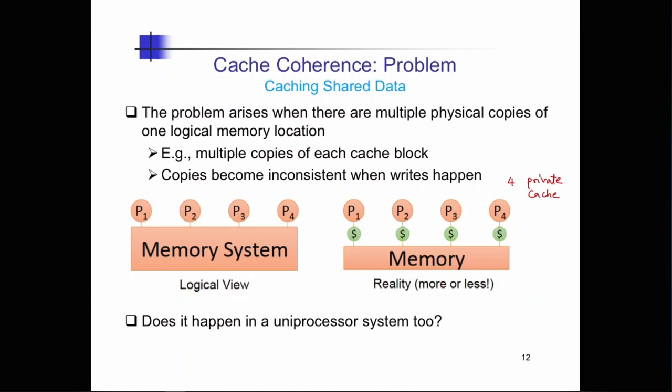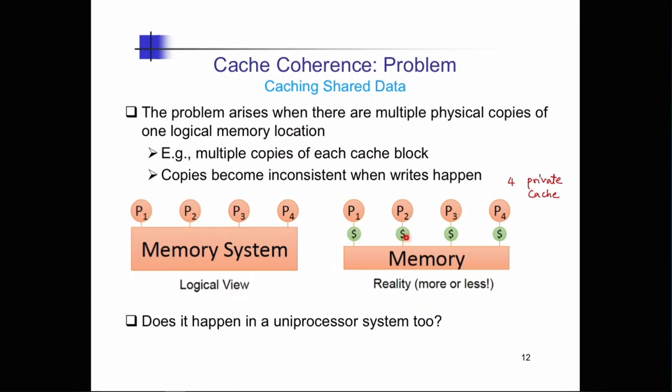So what could happen if you have 4 processors that are sharing the memory? Well, let's assume that processor 1 has tried to access a memory location. It's not going to be in the cache, so that means we need to fetch that into the cache of processor 1.